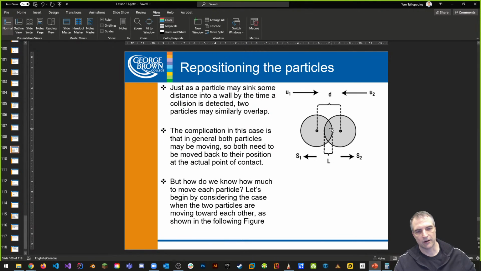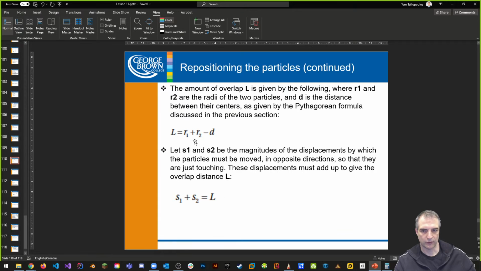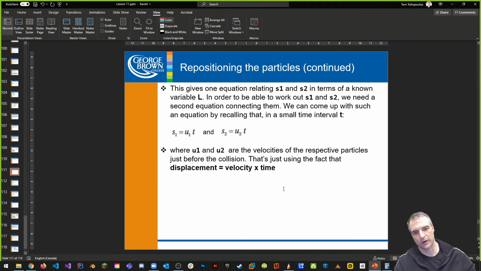So this is the scenario where we have two dynamic objects that might have an overlap. And we can look at the L value, and the L value is the overlap, right? How much overlap? And we want to move them back along their angle of attack. If they're moving at equal speeds, we want to halve the L value. If one particle is moving faster than the other one, we want to move towards the particle's direction.